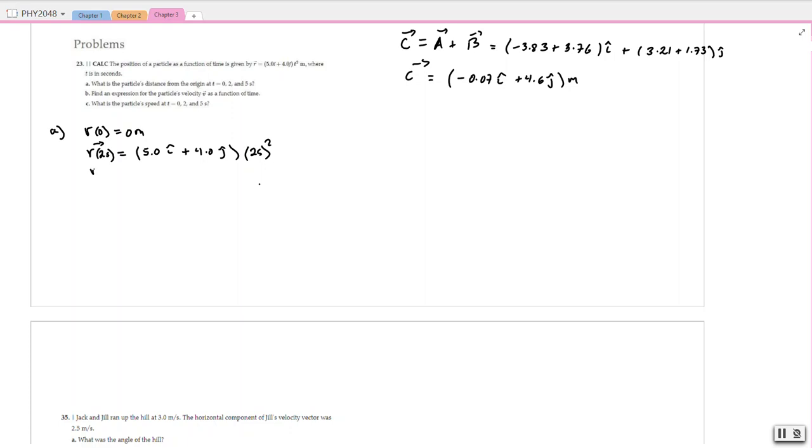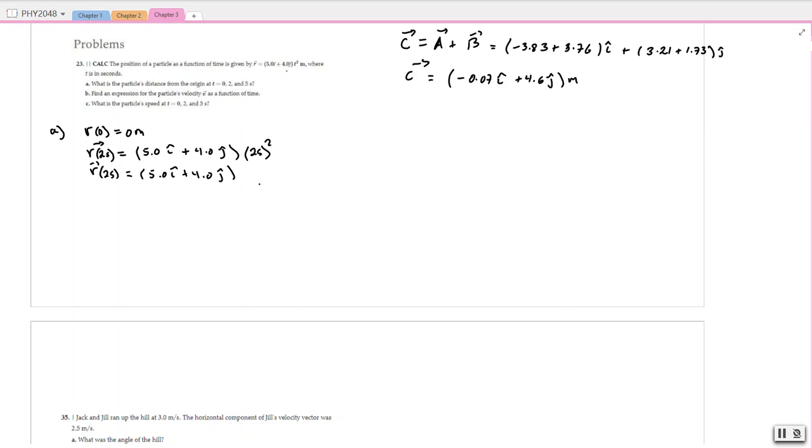So out of 2 seconds we're going to get 5.0 i plus 4.0 j, and this is now 4 seconds squared, right? Or we can say just 4, right?